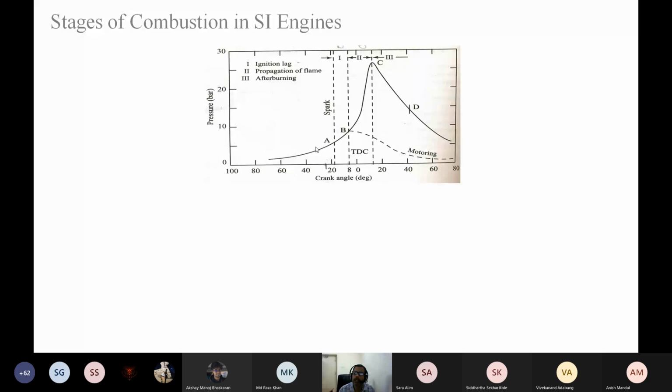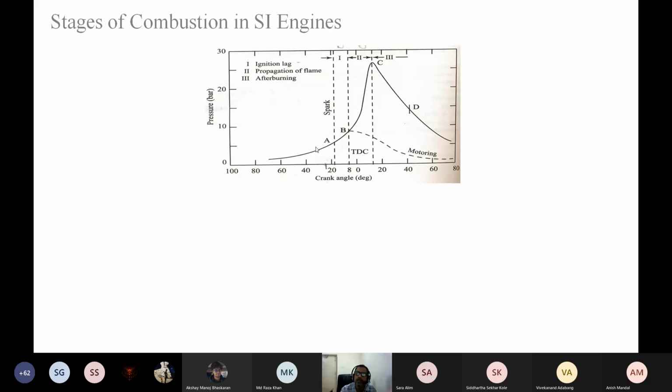Either we have to apply an external force in terms of manual power, however it is not possible for a four-cylinder engine to be rotated by hand. A single cylinder engine might be possible, but not a four-cylinder engine. So what we have to do is couple the engine with a motor, and then the motor will rotate the engine, even though there is no combustion taking place.